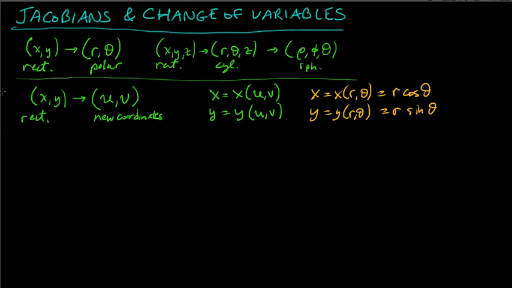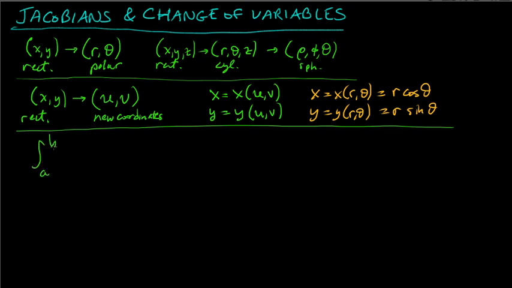But that's the idea. And before we do this, we might want to relate this to the single variable case. What you did in Calc 1, I presume, you have, let's say, a definite integral from a to b of some function f of x dx. So you evaluate this definite integral and you just get some number.